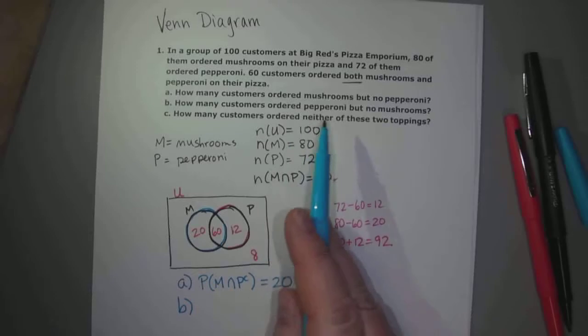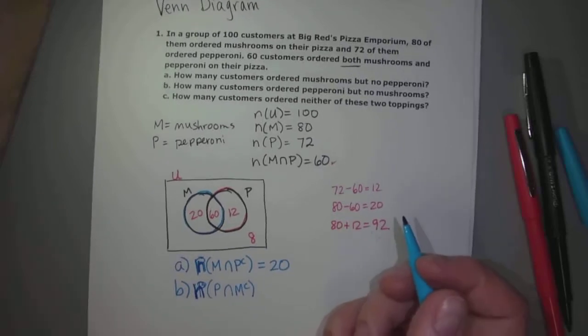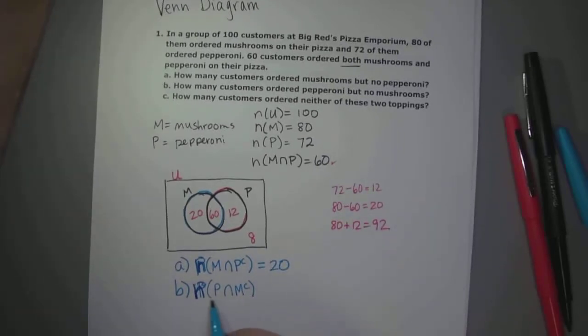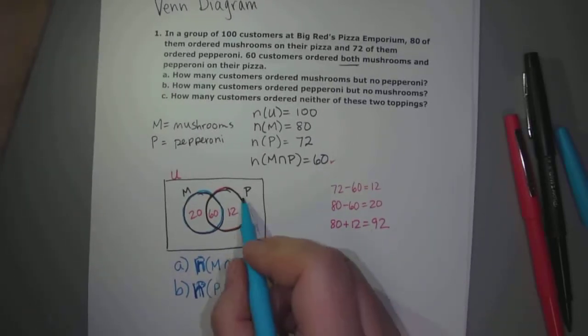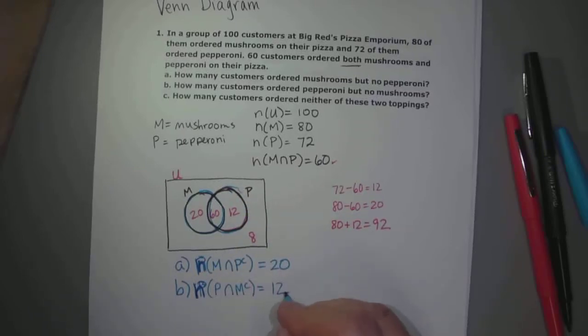B, how many ordered pepperoni but no mushrooms? So pepperoni and no mushrooms. Oh, not P, this should be number. Sorry, number. Too many P's in here. Okay, so forget about that. So pepperoni, but not mushrooms, so not the 60, so 12.